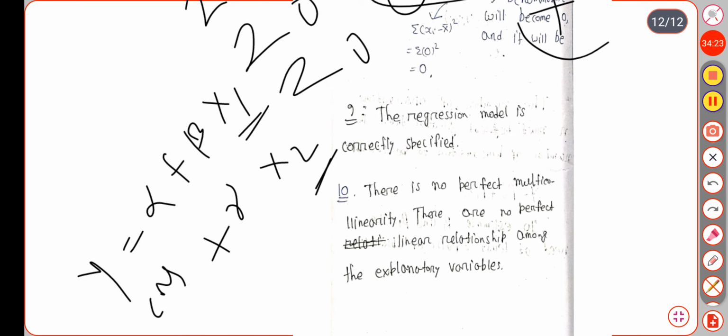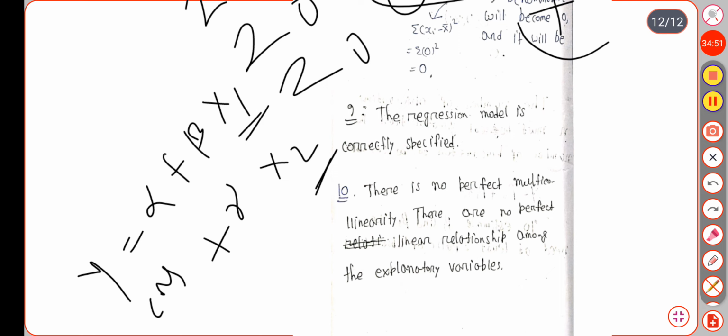But think about it: x1 and x2, income and savings, are the independent variables, and these two independent variables have a relationship between them, right? Income and savings are completely related with each other. If my income increases, my savings will increase because savings depends on income.